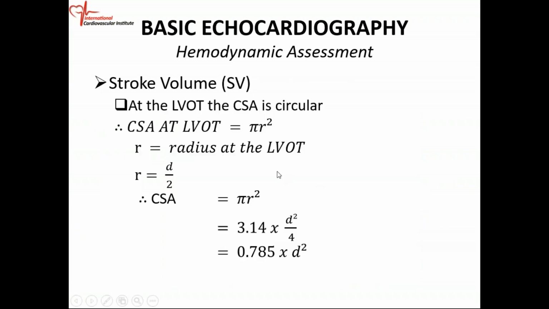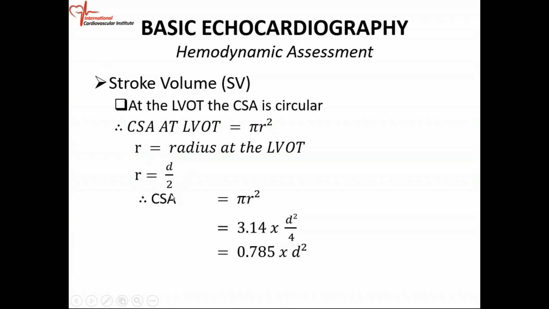Okay. Again, stroke volume using the hydraulic orifice formula is equal to the cross-sectional area times the TVI or VTI. Cross-sectional area at the LVOT, assuming it's circular, is pi r squared, where r is the radius. We usually measure the diameter in the parasternal long axis view.